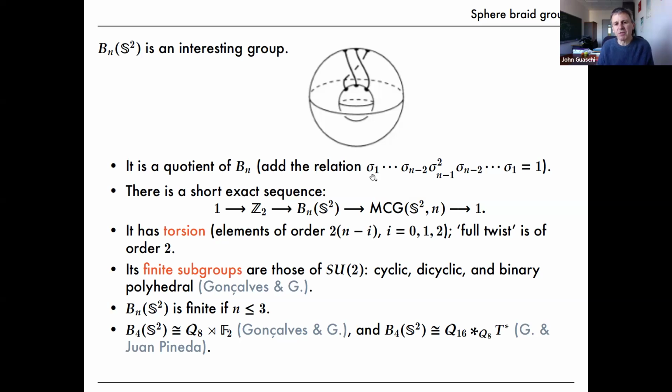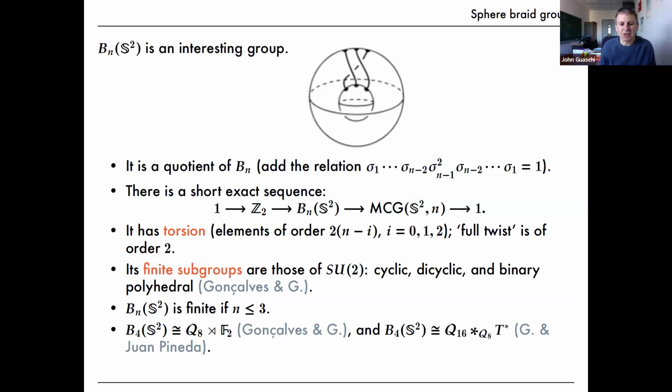This corresponds to the fact that if you take the first string and wrap it all the way around the others and come back to the initial position, then in this diagram you can pull this string back round on the other side of the sphere, and this becomes a trivial braid. So it suffices to add this relation to obtain a presentation in the case of the sphere.